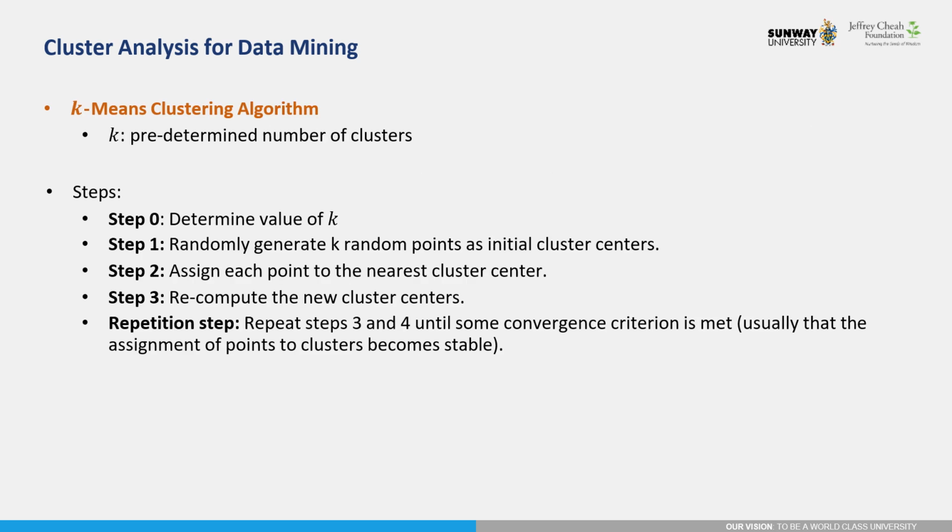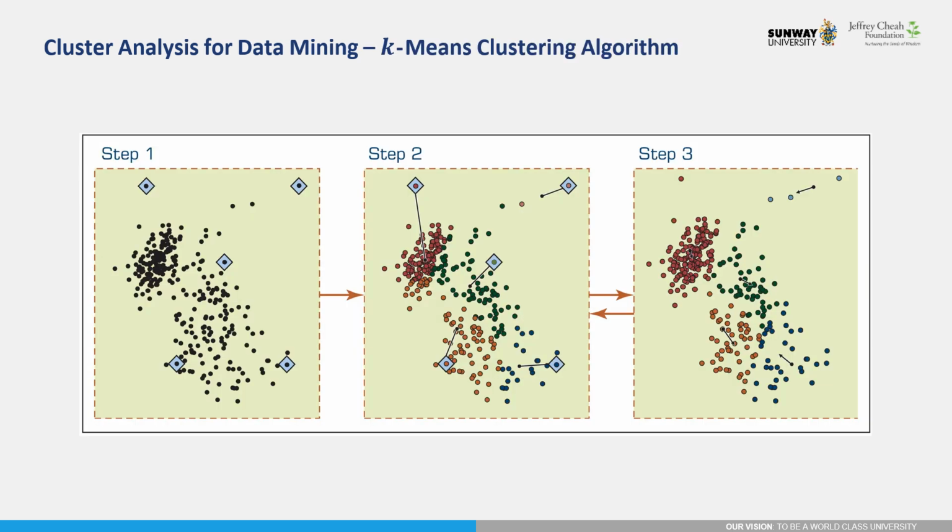Now these are the steps for k-means. The first step is to determine the k value, and next you need to start the initial cluster centers, then assign each point to the nearest cluster center, and then recompute the new cluster centers. Then repeat steps three and four until convergence is reached. So there is step one, step two, step three.